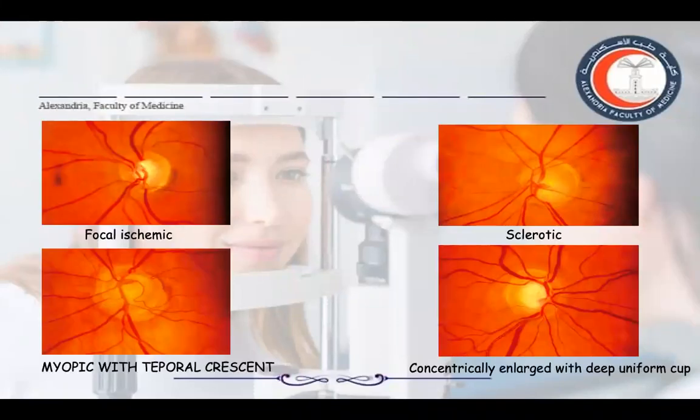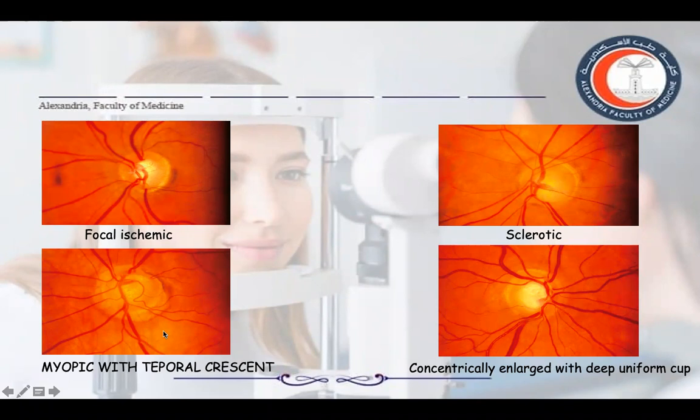We have to mention the 4 classical types of glaucomatous optic disc. First, we start with the focal ischemic type, in which we can see here an inferior notching. Secondly, we have the sclerotic type with a superior notching.